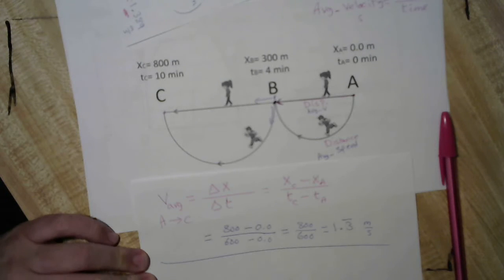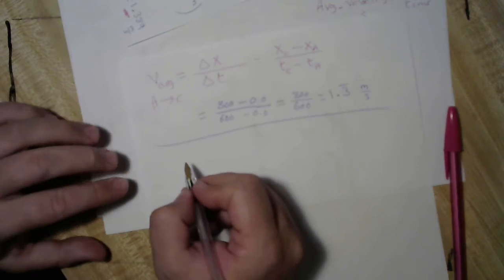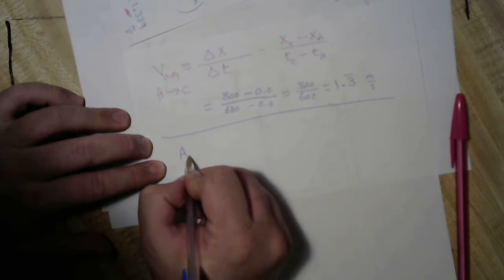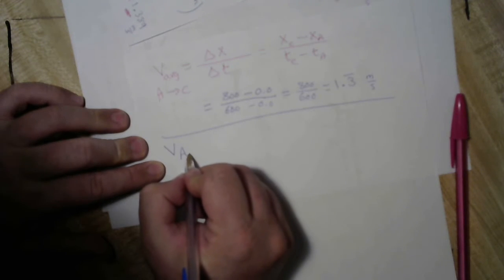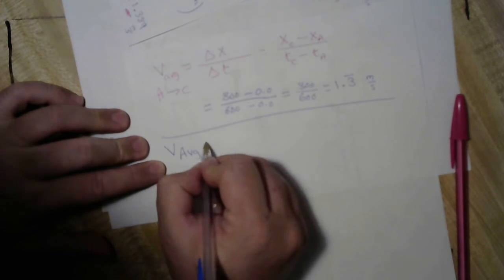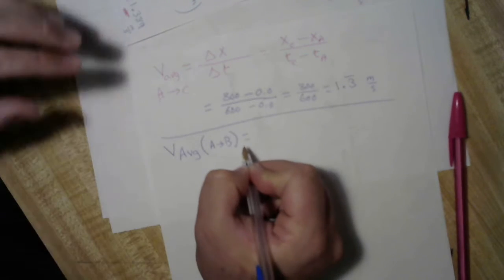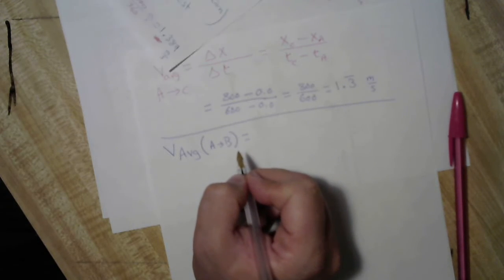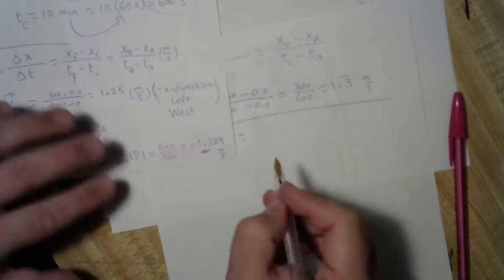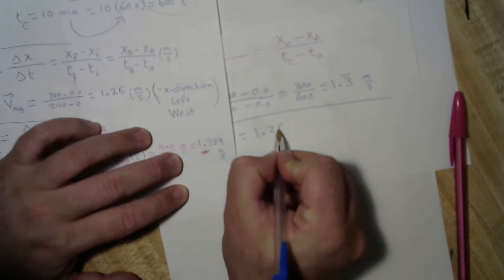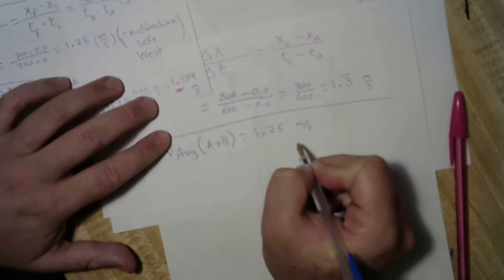We have three average values. The average from A to B, as we computed it now, is 1.25 meters per second.